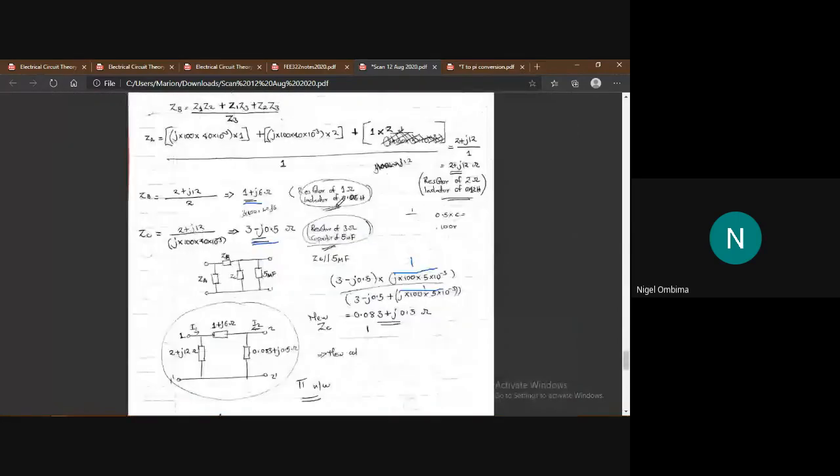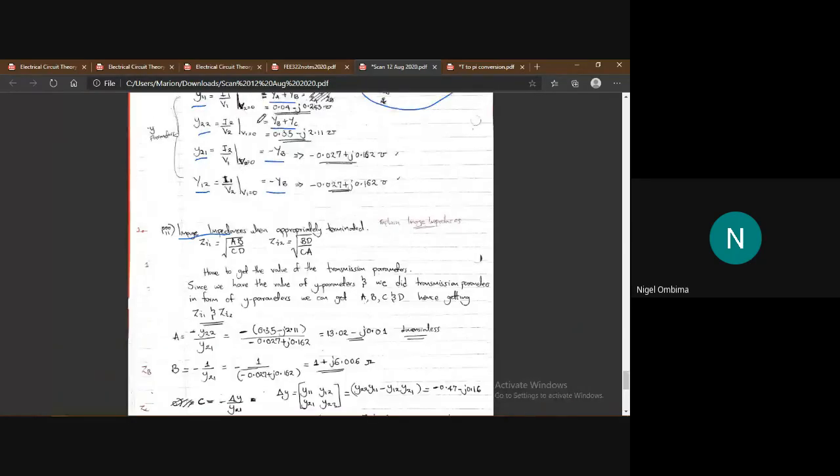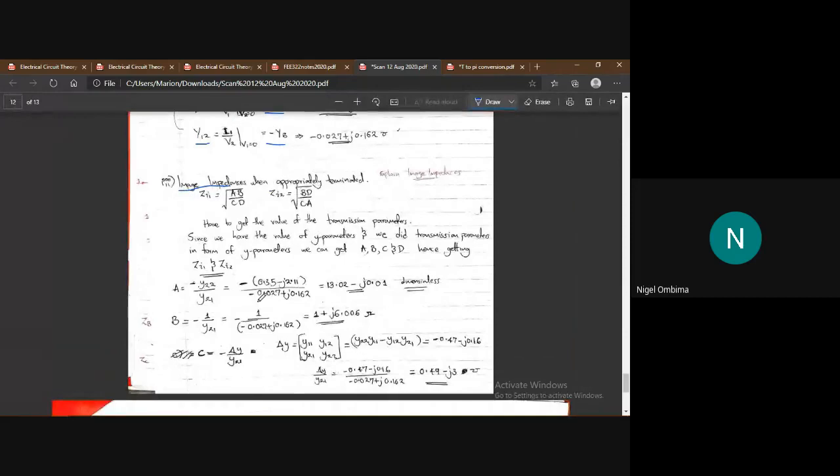So you just plug it in over here, whereby A is this, and you have your Y22 here, and Y21 you got above, same thing, so you get your A. Same thing to B, get your B. Same thing to C, delta Y is this, the determinant of the matrix, get this.